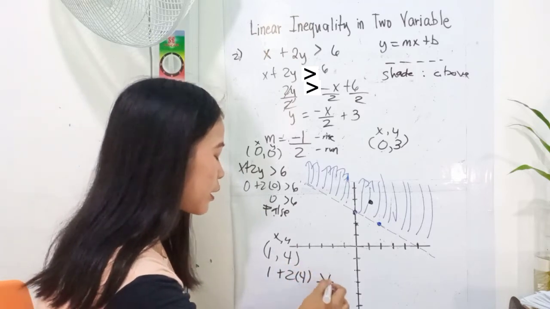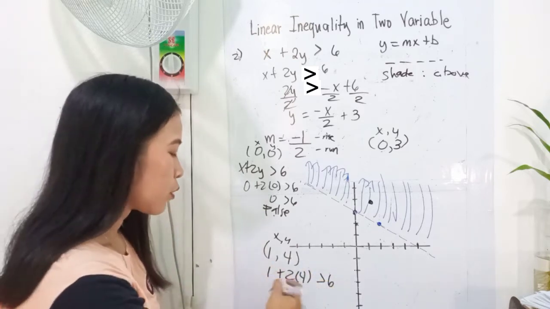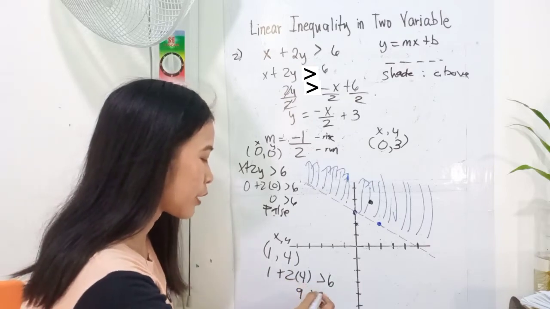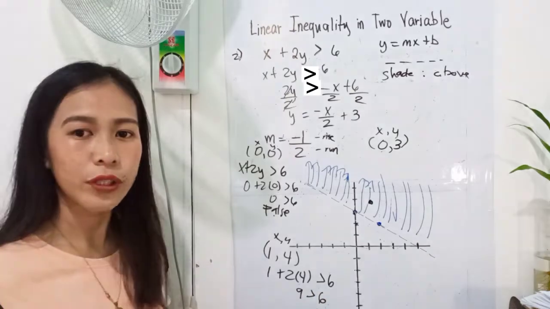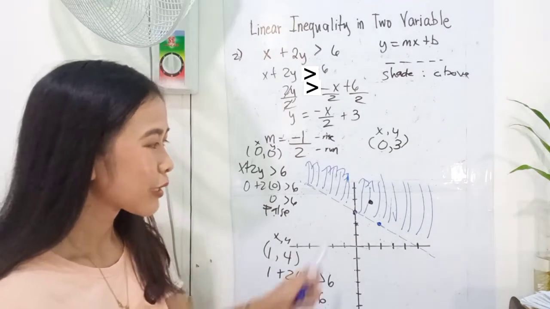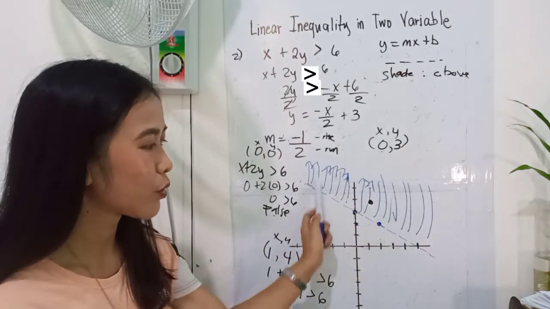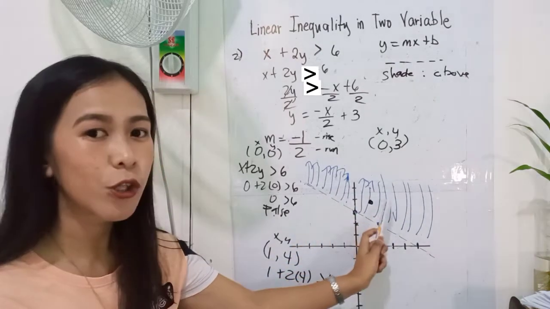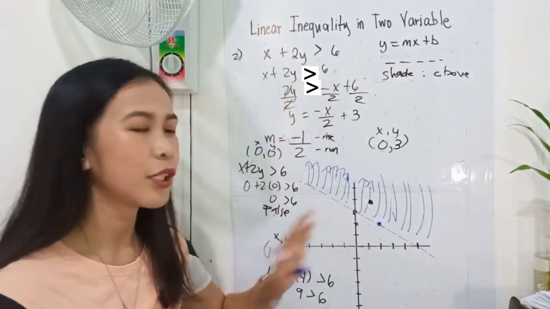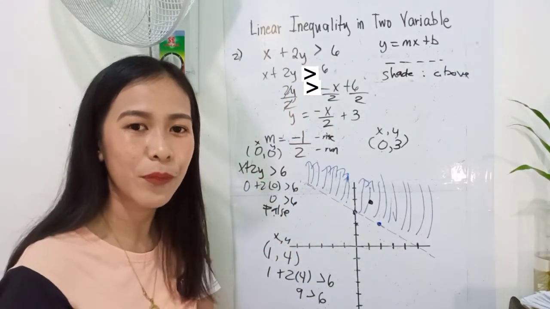And that is greater than 6. Okay? 1 plus 2 times 4 is 8, is 9. Greater than 6. Is it true or false? Is 9 greater than 6? Yes, that is true. Therefore, tama na lahat ng solution na nandito sa shaded region ay correct. And tama yung nakuha nating solution, tama din yung nakuha nating graph. Ganun lang kasimple mga bunso.